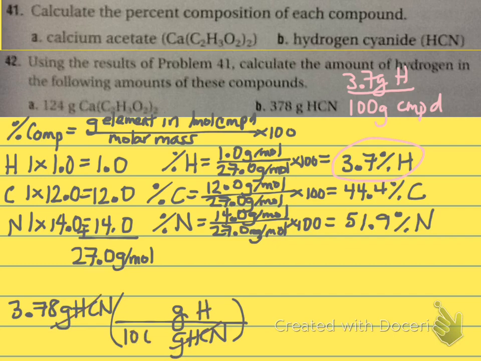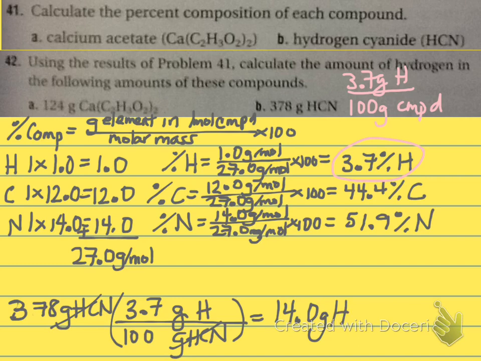We know that if we have 100 grams of our compound, we have 3.7 grams of hydrogen. So 378 times 3.7 divided by 100. And if I do one decimal place, I'm going to get 14.0 grams of hydrogen when I round.